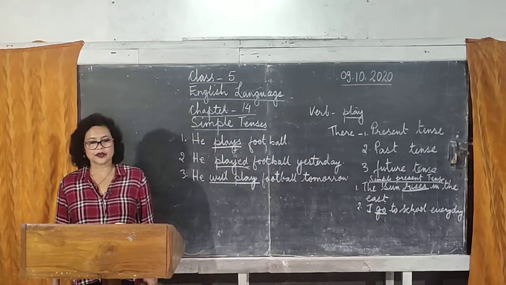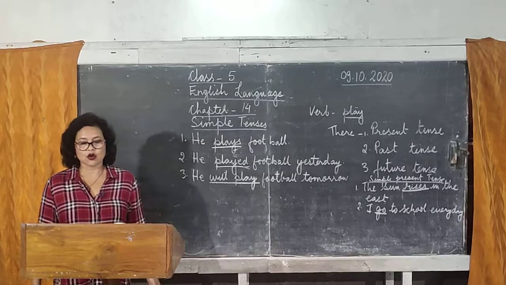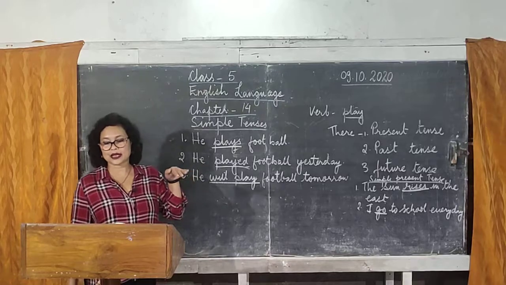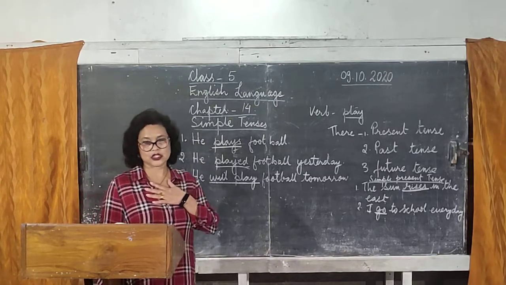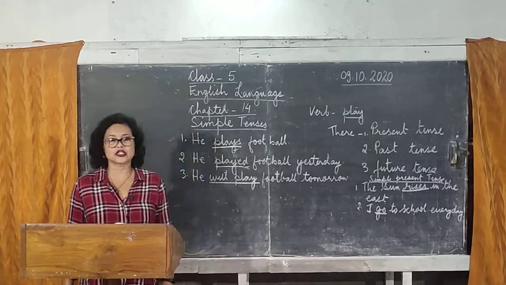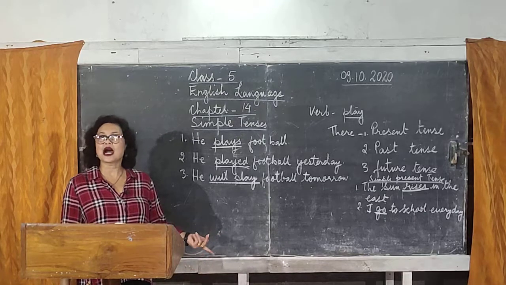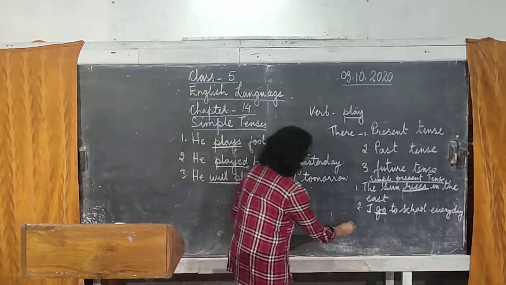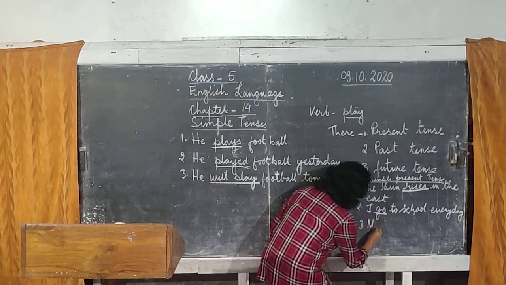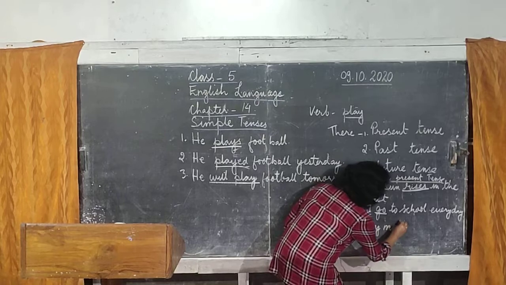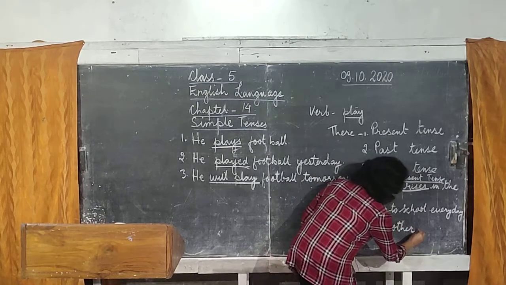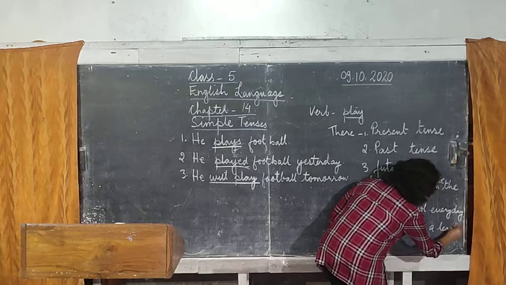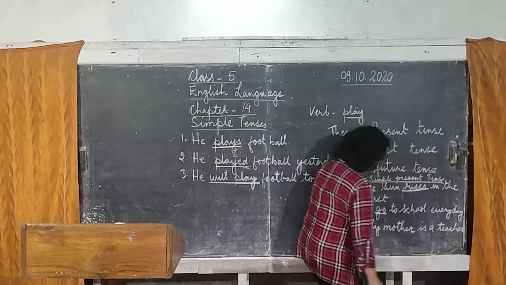Number 3, to express fact or something which is true at present. What is happening at present? I am a teacher, or my mother is a teacher. The dogs bark, ducks quack. What is happening in the present? So number 3 is my mother is a teacher.